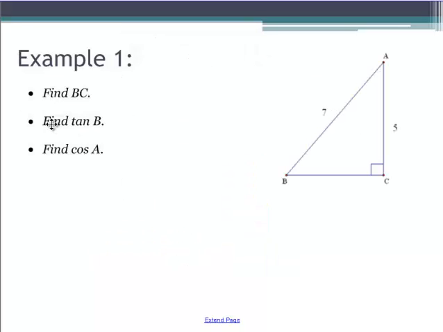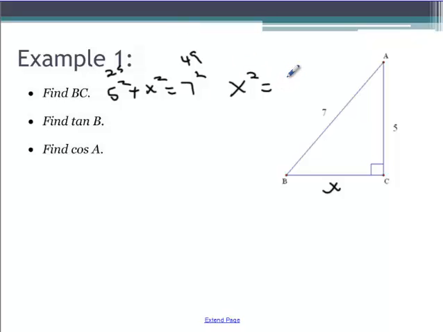So, example 1, find BC. First off, I just need to find the other side, because you can't do this unless you have all three sides. Let's call that x. 5 squared plus x squared equals 7 squared. x squared is, this is 25, this is 49, so I'm going to take 49 and subtract 25.